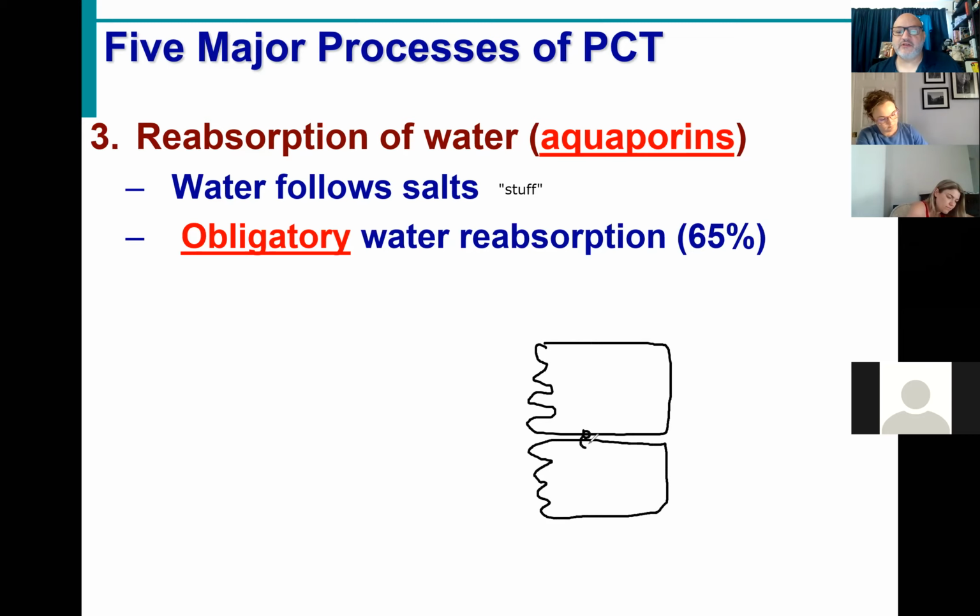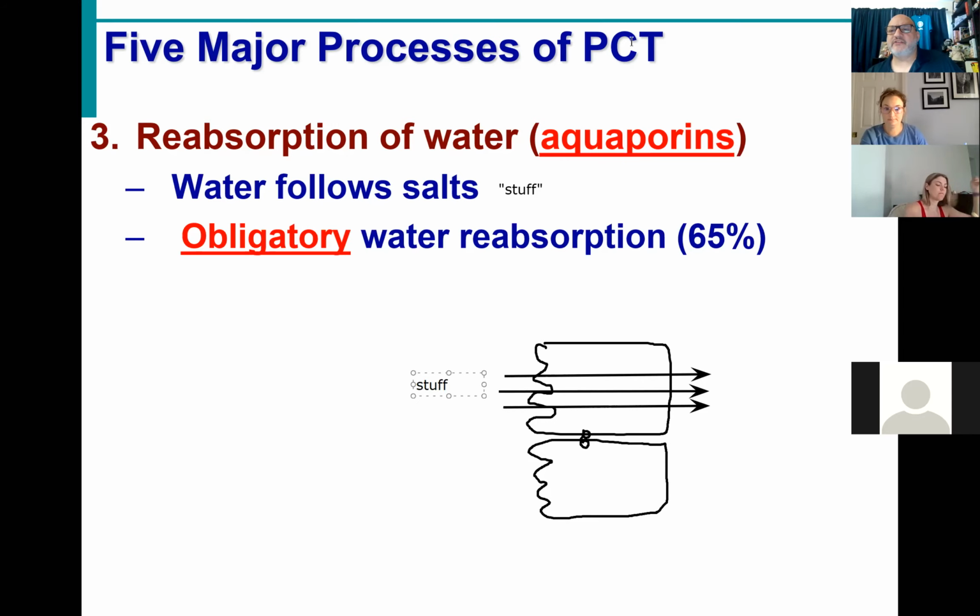And so again, we've got all this movement of sodium, of glucose, of other ions, and all this stuff that is getting drawn back into the body, and therefore water is forced to follow as well. I want my arrow to be blue. Water can follow as well. So we have this obligatory water reabsorption.